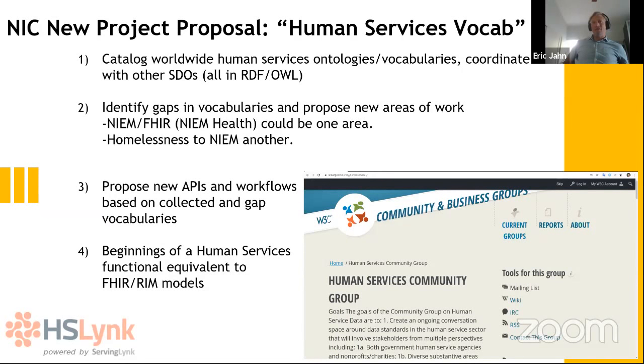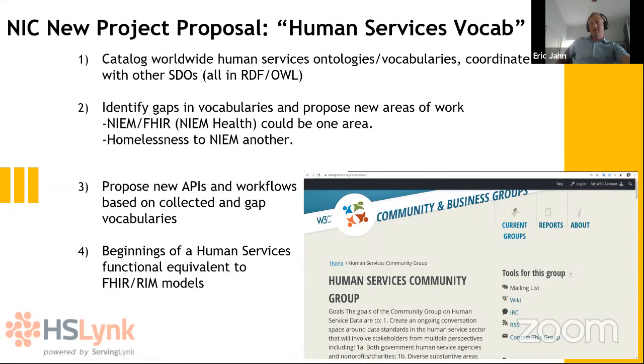Then based on those built out vocabularies that we've got, including the huge amount of existing ones out there in the world, let's propose some new APIs and workflows, including existing APIs that could use those vocabularies under the hood, based on steps 1 and 2, the former steps.